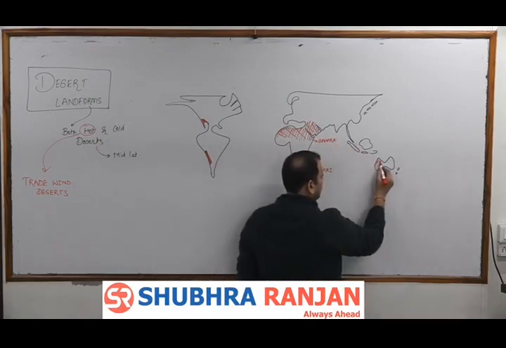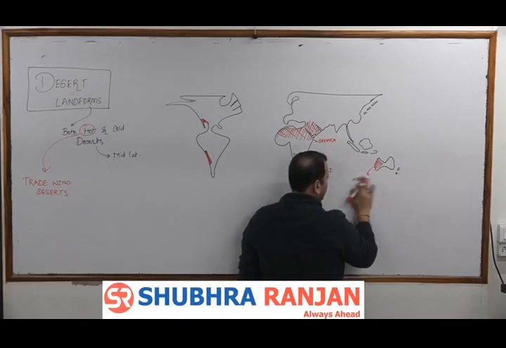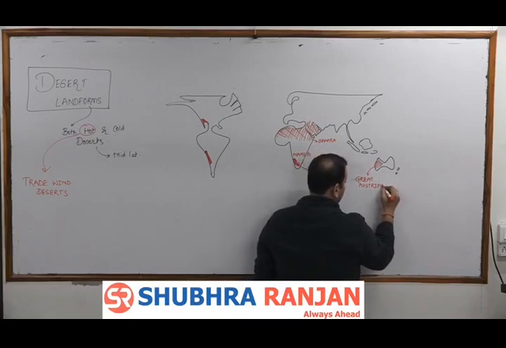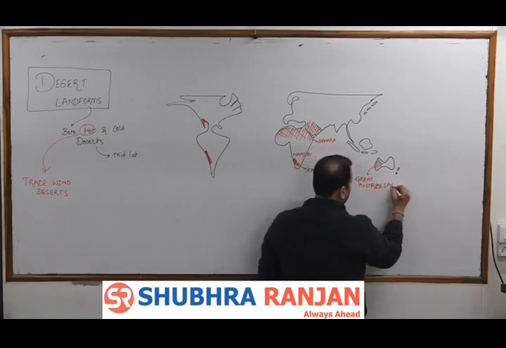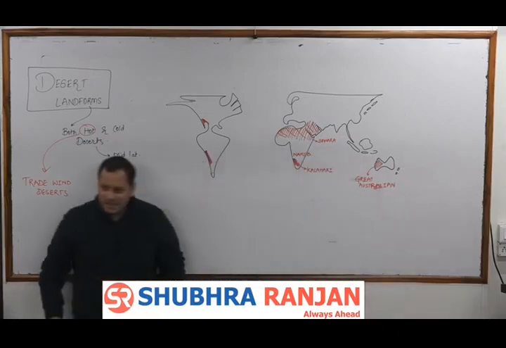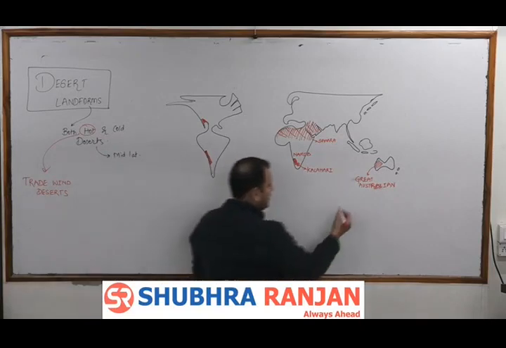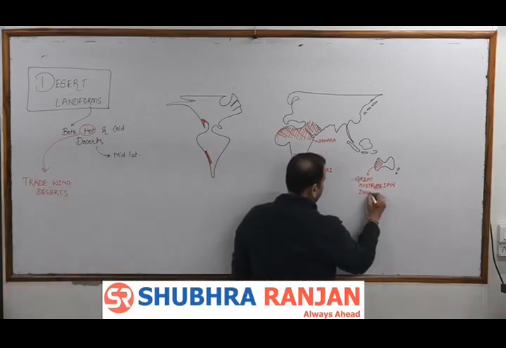And this is the West Australian desert or the Great Australian desert. So if you can see from the diagram itself, the Great Australian Desert is the second largest hot desert of the world.